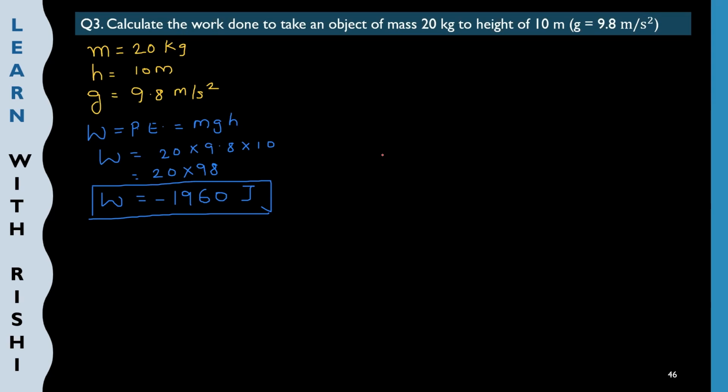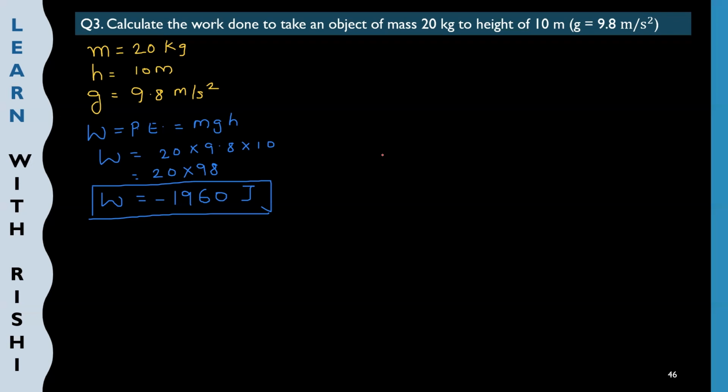When we are calculating potential energy, that time no need to include that negative sign, because the potential is nothing but energy of an object stored with respect to its position. The definition itself says that it is due to its position. But when we are calculating work done, we have to indicate that the work done is against the gravity or with the gravity.